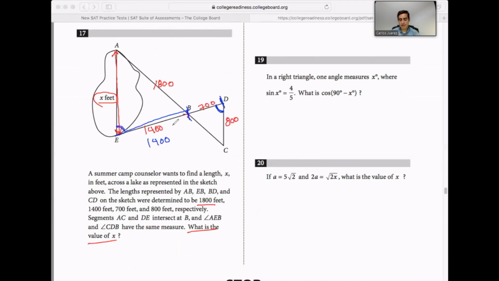Which tells me that every side is going to be twice as much or double of whatever the small triangle is going to be. And if CD is 800, then I can say that AE is going to be twice as much, 1600. And now we just found the answer, which is 1600.